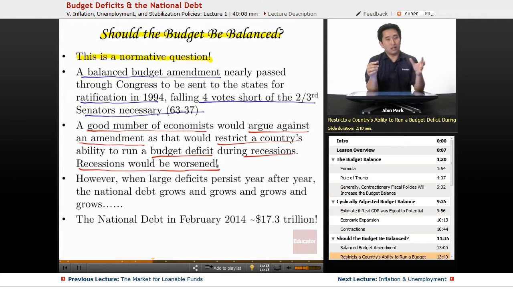A lot of these countries ceded control of their monetary policy. So with a balanced budget amendment, the government would have less control of their fiscal policy. Now, again, there are some good sides and some bad sides to that.